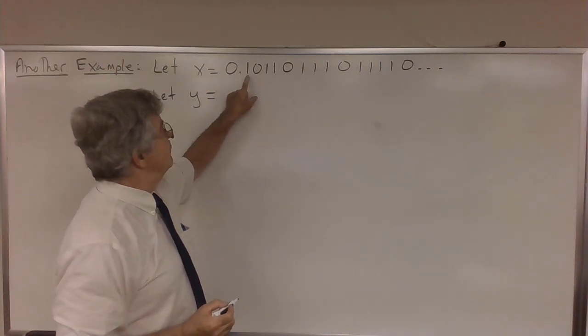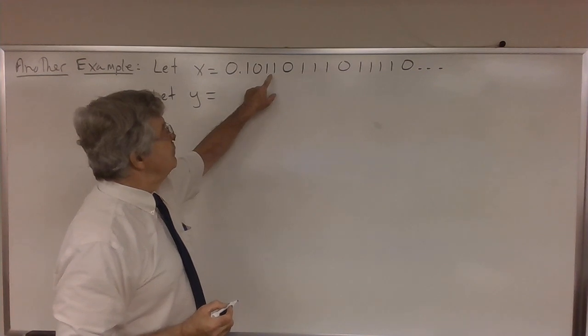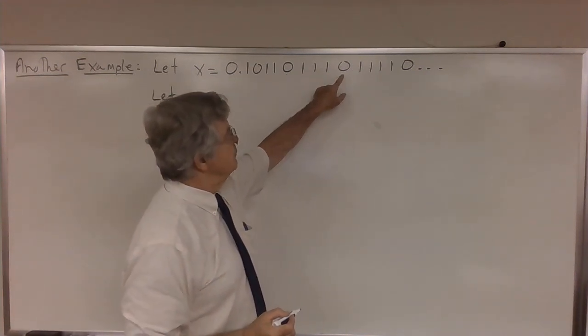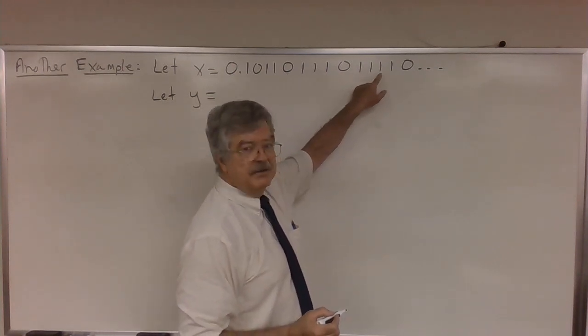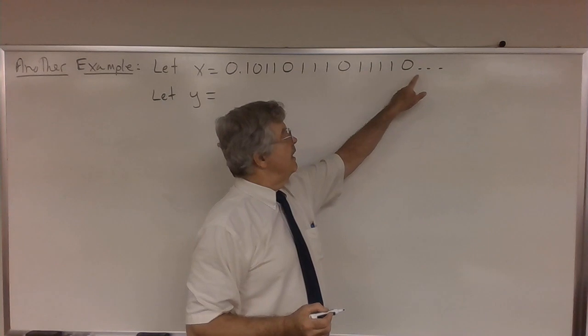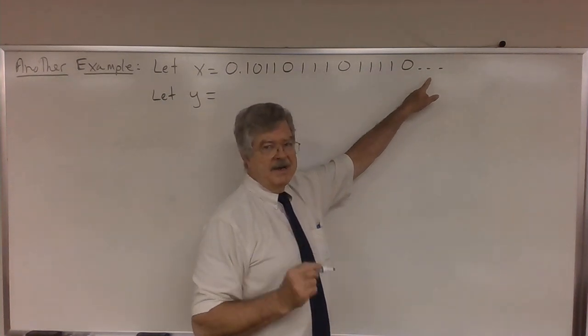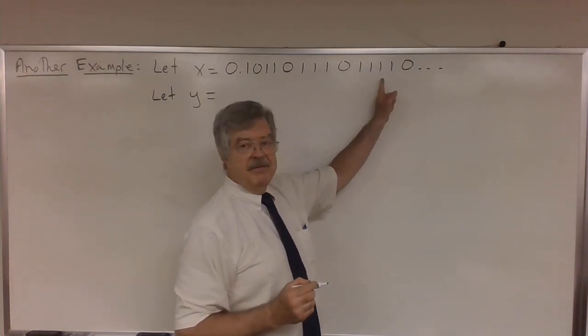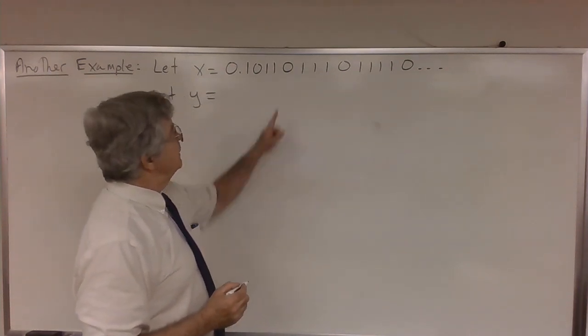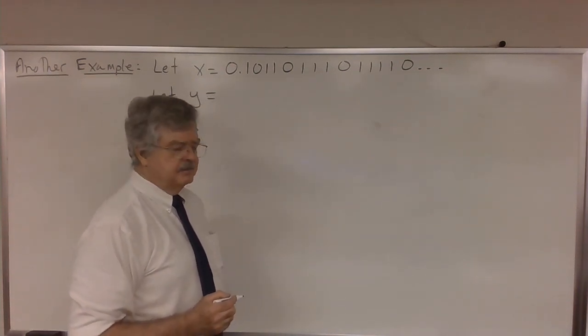But we have one 1 and a 0, then two 1s and a 0, then three 1s and a 0, and four 1s and a 0. After each 0, we have one more 1 than we had previously. This is non-terminating and it's non-repeating.